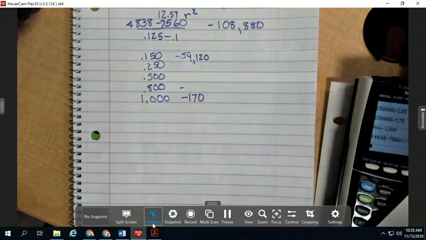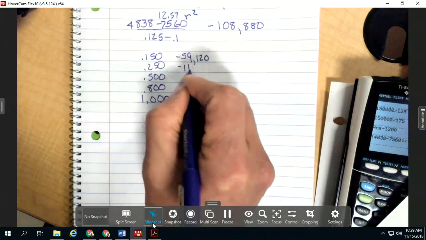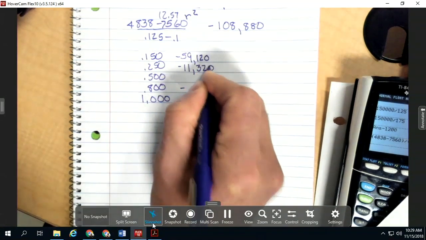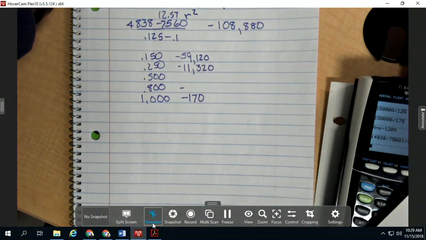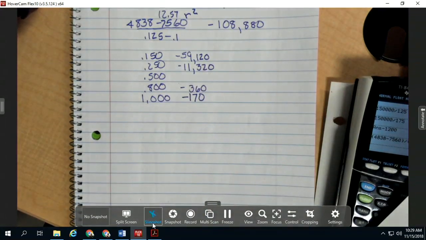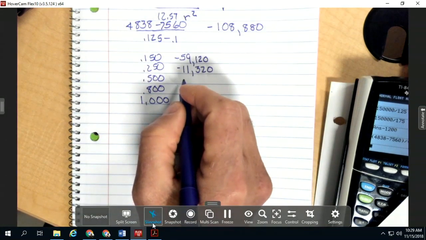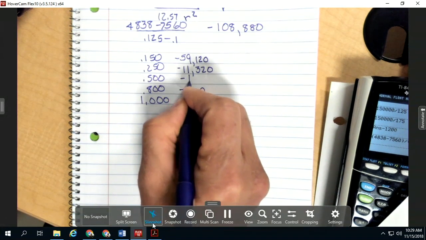Negative 11,320. Is that a better number for you, Menominee? Yeah. Okay. And then I don't know who are we missing here? We got negative 1,420.